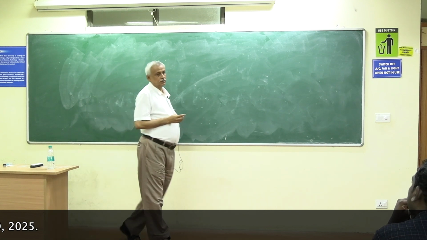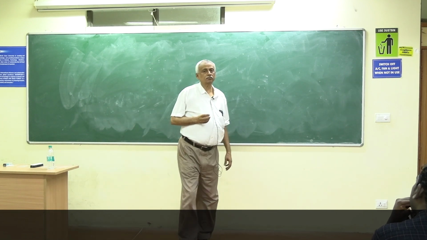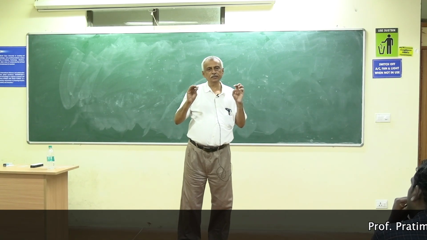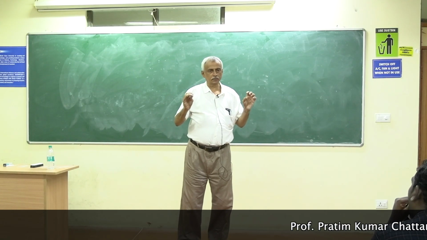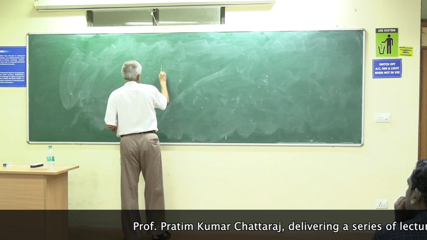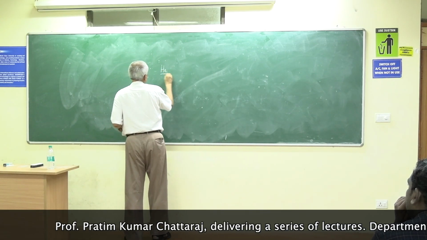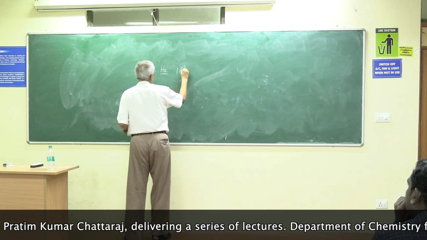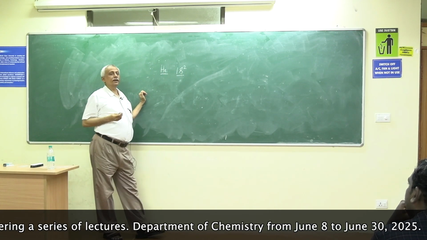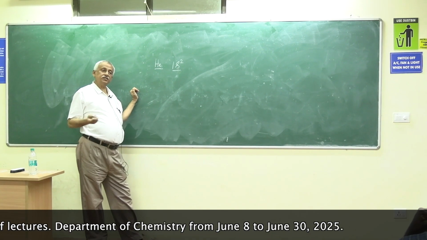Okay, so let's say I'll start with a simple complicated atom, to start with. So I will take, say, helium. This is 1s2, that is the electronic configuration. So how do you express the wave function of the helium atom?